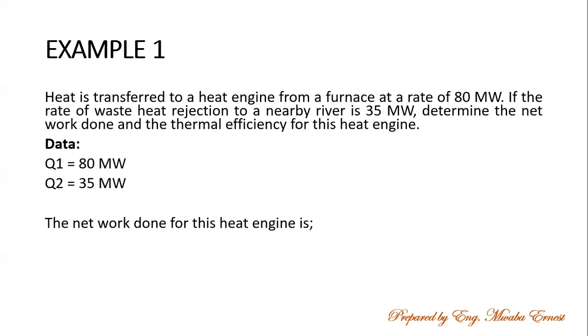Now, how do we find the net work done? Remember, the question is asking us to find, first of all, the net work that has been done, and then after that, the thermal efficiency. So the formula: if you want to find the net work done, you just have to subtract the gross heat coming from the source, taking away what has been dumped into the heat sink. Q1 minus Q2, the heat from the source minus the heat rejected from the system, gives us the net heat that remains to do work.